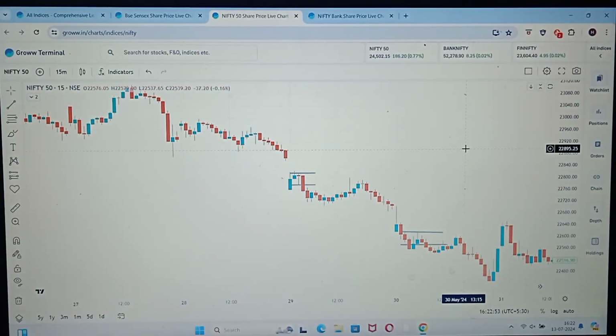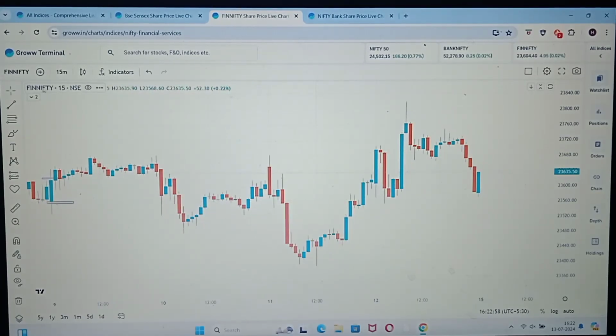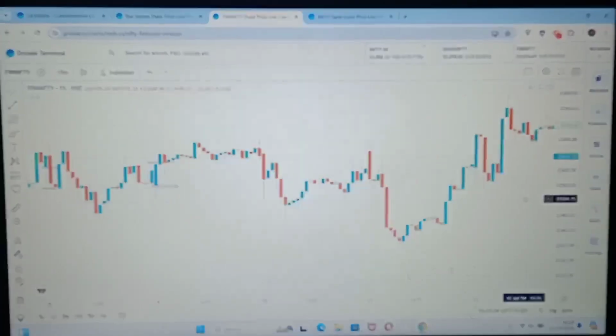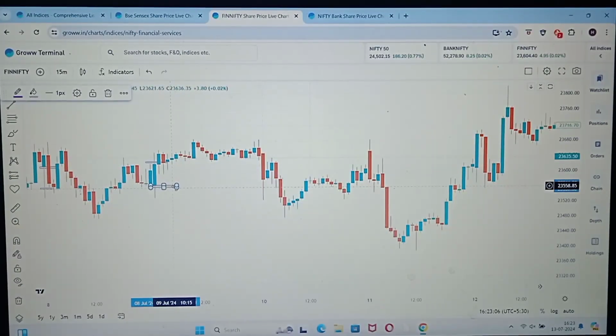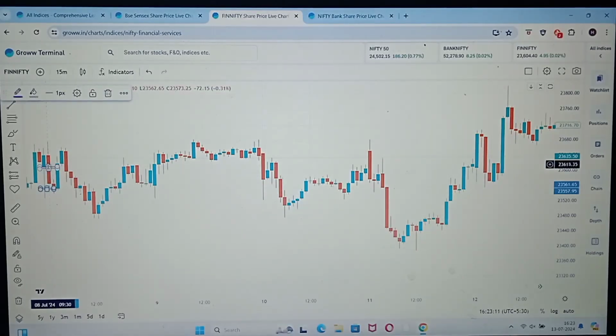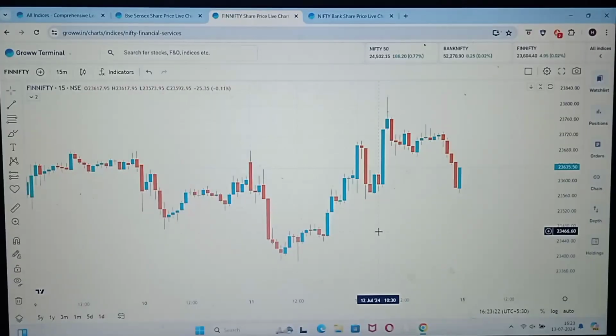Let's see what happens. This is Finnifty, clearly it is written here. 15-minute time frame. So we will be seeing a couple of trades here. Let's see if the 9:45 strategy works in Finnifty or not.